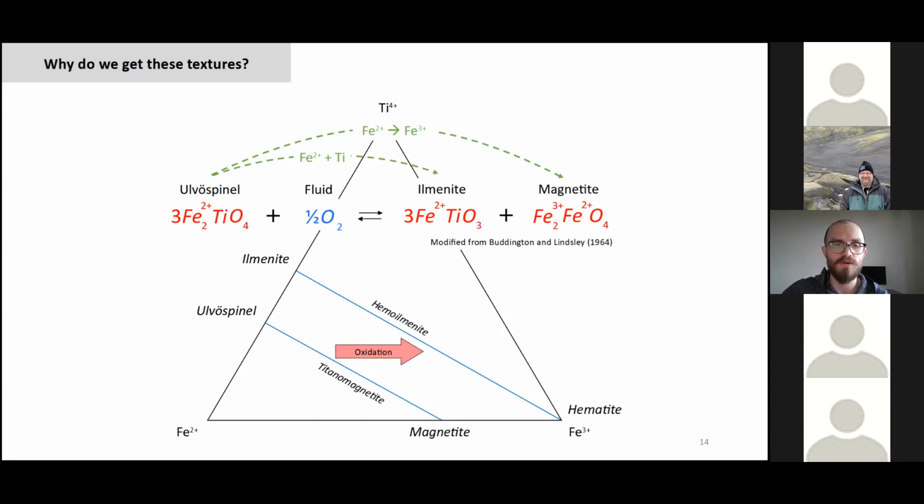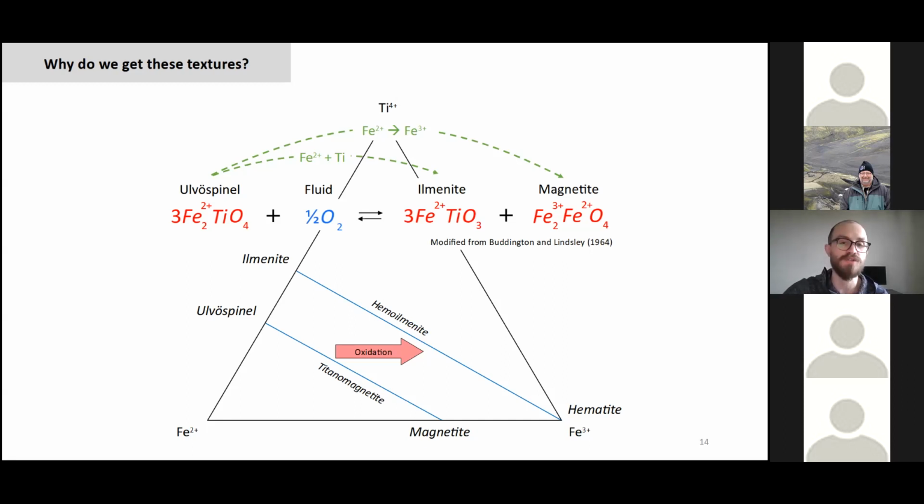Now, in their model, oxygen in water was used as the oxidizing agent, but this is problematic, partly because oxygen is not a particularly strong oxidizing agent, and because crustal fluids have very low oxygen fugacity, somewhere in the range of 10 to the minus 21 atmospheres. And so it would require a significant amount of fluids to have passed through the rock to be able to oxidize all of the ulvöspinel to ilmenite.